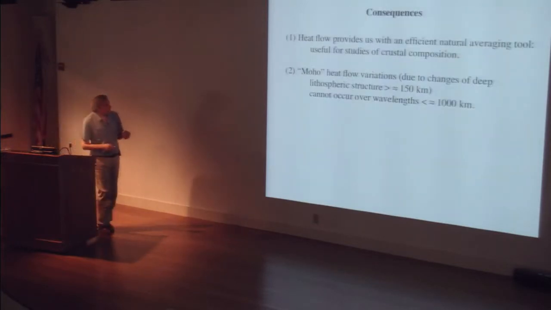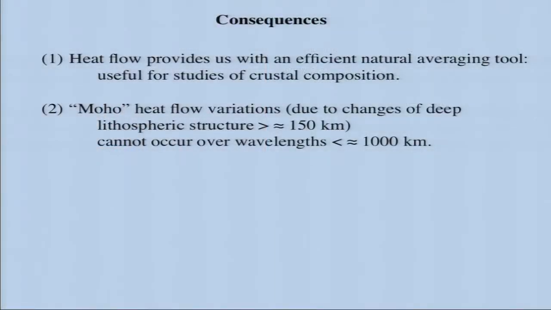So that's the consequences. Heat flow provides us with a very efficient natural averaging tool, very useful to studies of crustal composition. The MOHO heat flow variations are subdued because they've been averaged out. At the MOHO, of course, what happens is that you have variations of deeper lithospheric structure, say changes of the basal heat flux into the lithosphere.